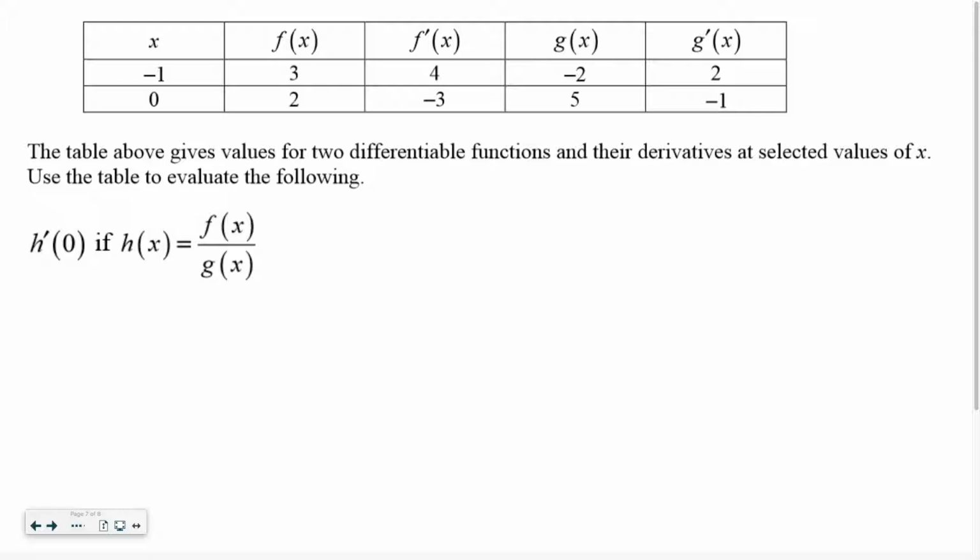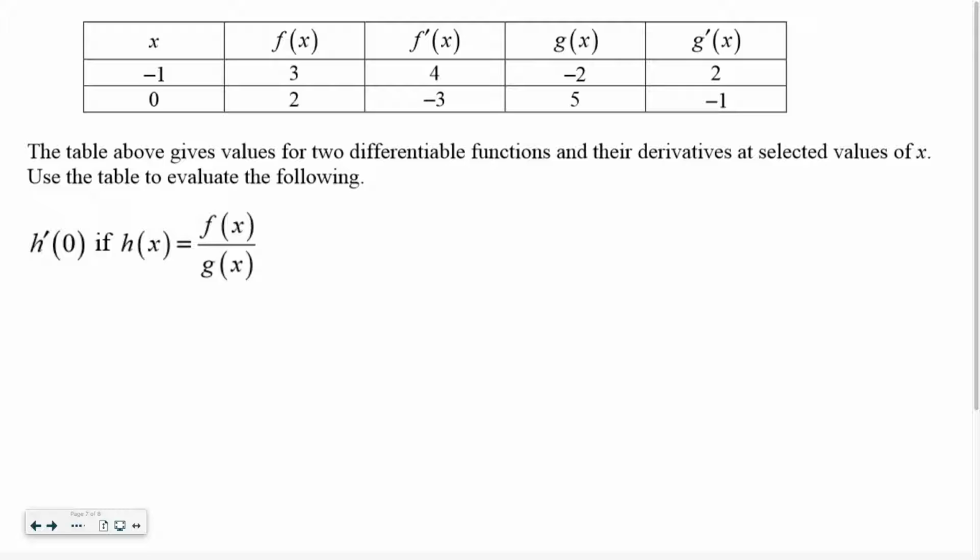We need the derivative of h, and then we can plug in 0. Now, you're wondering, how am I going to take the derivative? I don't know what f and g are. We don't need to. We know that f of x is being divided by g of x. And when we have any function dividing another function, what rule do we use for our derivative?